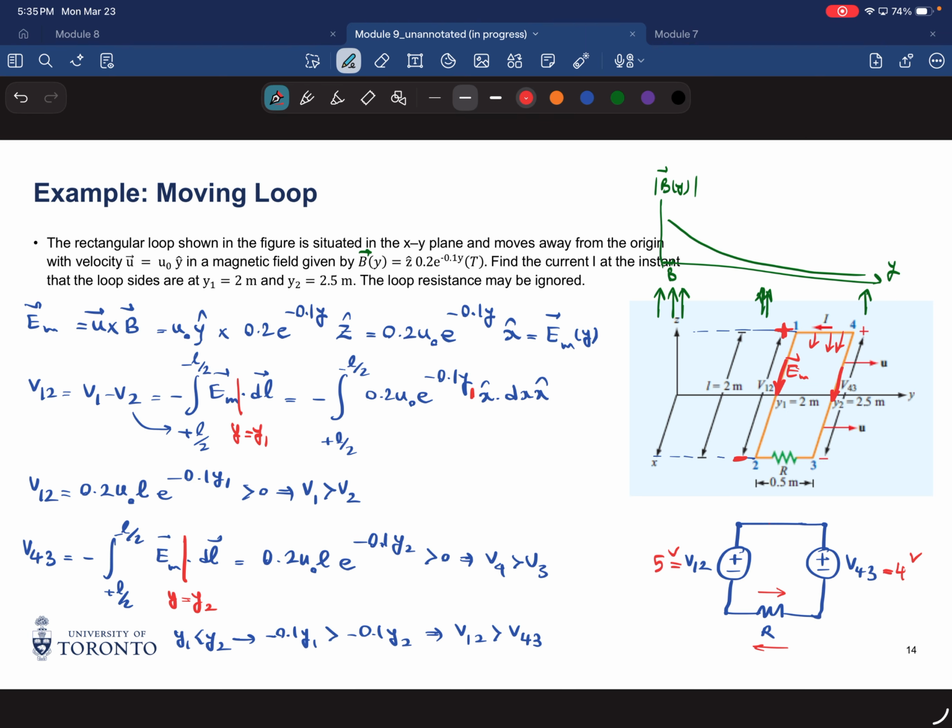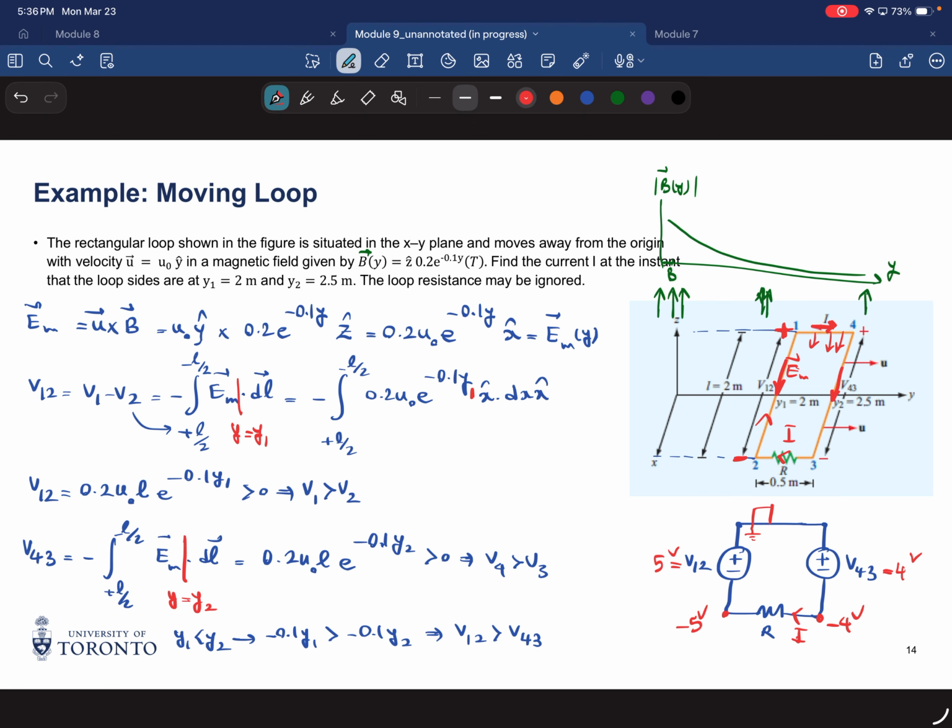So I'm going to make this ground because they're both the same side. That would make this one minus 4 volt, this is minus 5 volt, right? So the current goes from more voltage to less voltage. So that would make I in this direction.